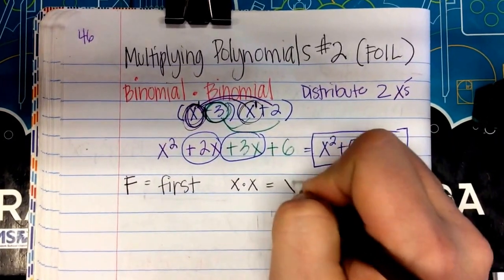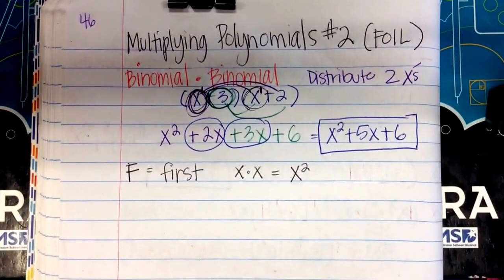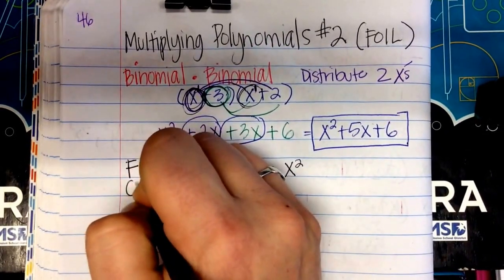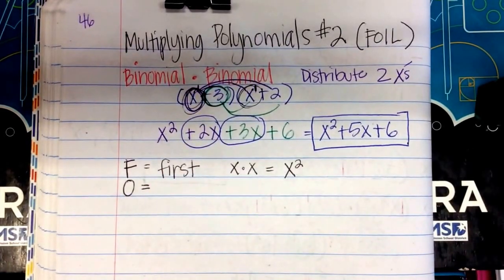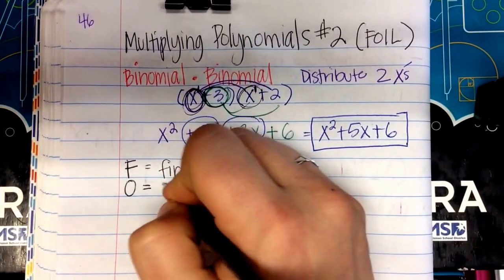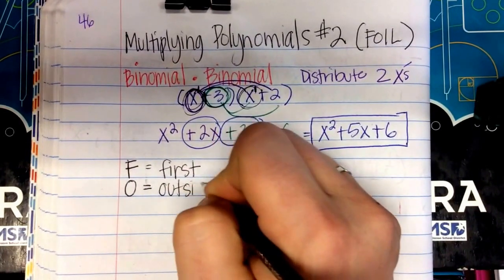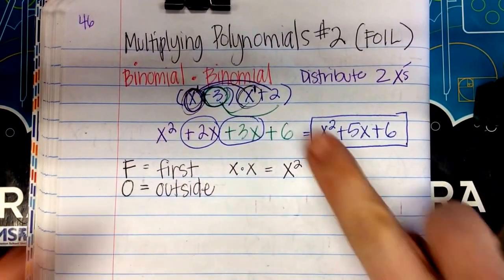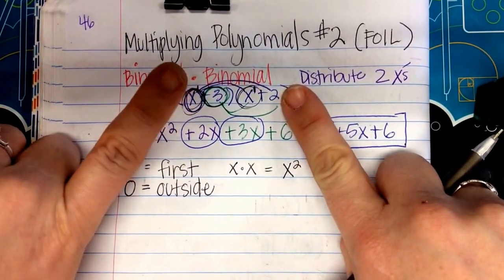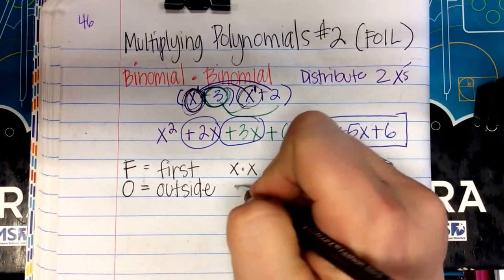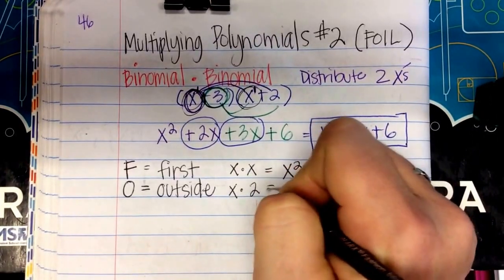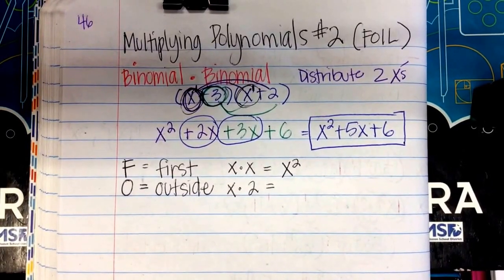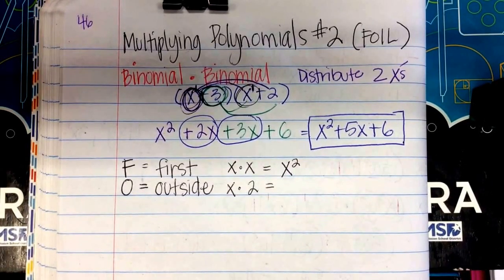And you got x squared. O stands for outside, meaning you multiply the 2 terms on the outside. X times 2. And x times 2 is 2x.